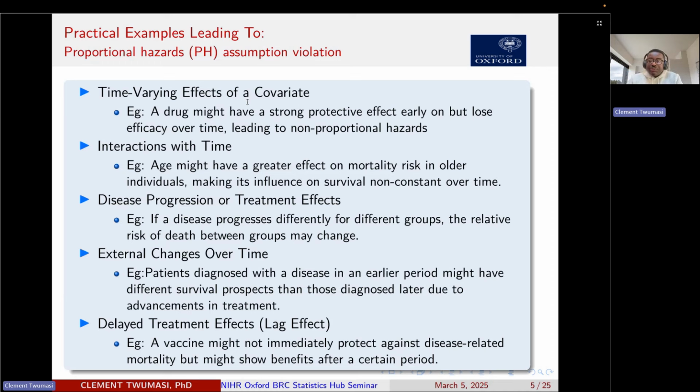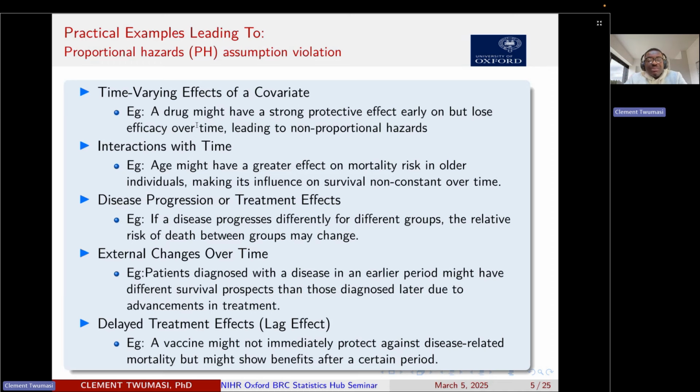Another way to say it is, if you have, let's say, a variable like gender, and we believe that the hazard ratio of male relative to females or vice versa remains constant irrespective of time, then that means that the constant hazard assumption was met with respect to gender as a variable.